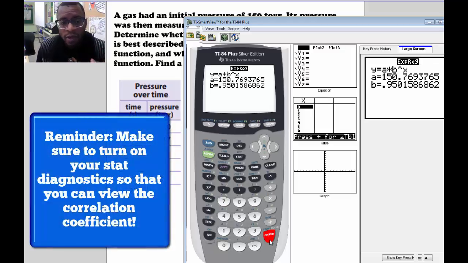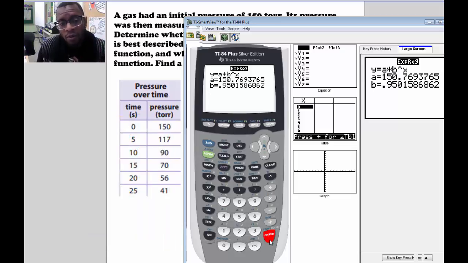And so we see we get a regression equation of 151, because we're going to round to the nearest whole number. And for a value of b, we get 0.95. So our equation is 151 times 0.95 raised to the x.